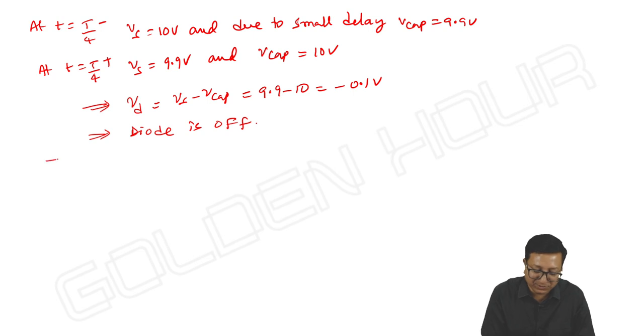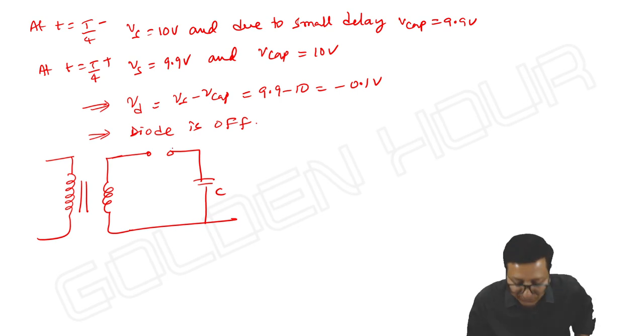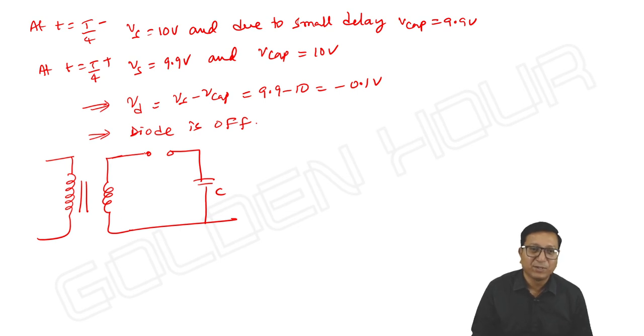Once the diode is off, what is the equivalent circuit? Is it possible to write so? No, the things will change. If the diode is on, then you can write the equivalent circuit as Vs and Rf and capacitor. Now, once the diode is off, the diode reverse resistance is infinite, and this RL comes into picture.